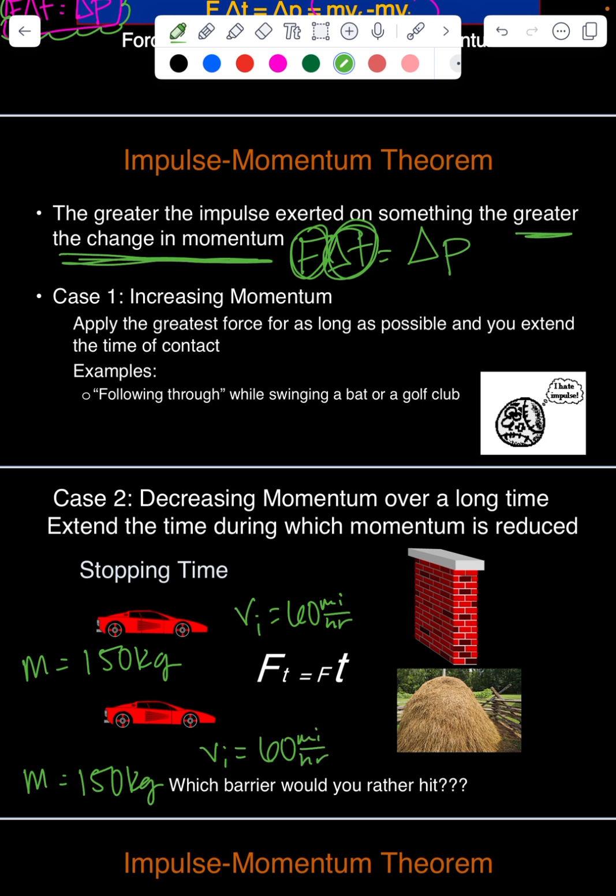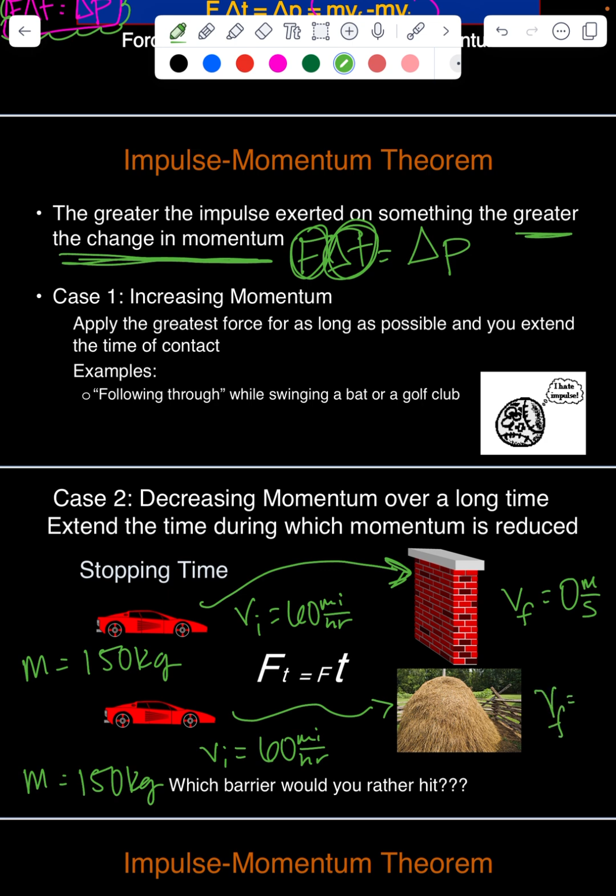Say this car hits this brick wall. What is that final velocity going to be? It's going to bring it to a stop. So that final velocity is going to be 0 meters per second. This car hits a ginormous amount of hay, that eventually does bring it to a stop also.